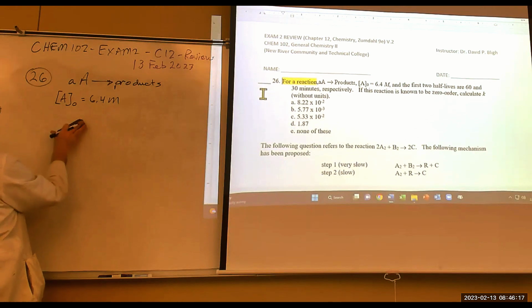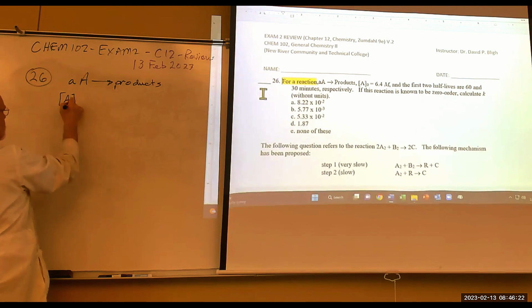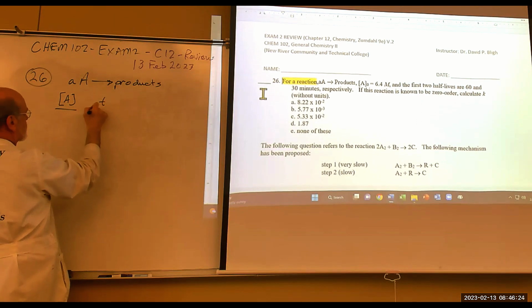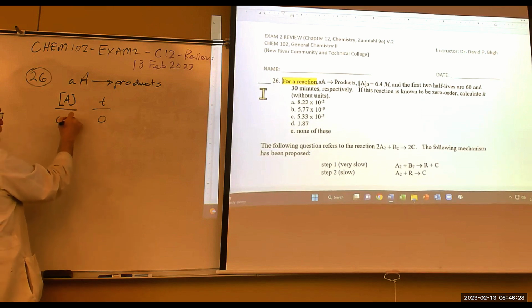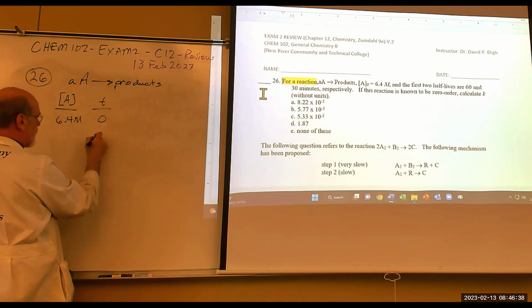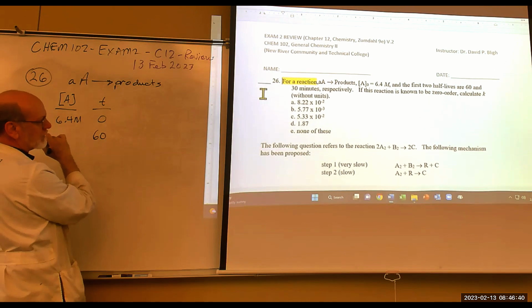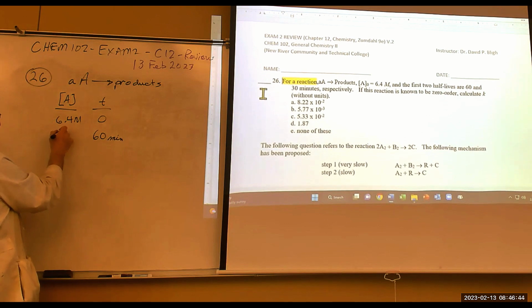Okay, so let's do it this way. Let's do concentration of A in this one and time in this one. So at time 0, it's 6.4 molar. After the first 2 half-lives, 60 and 30 minutes respectively. So after 60 minutes, that's the first half-life.